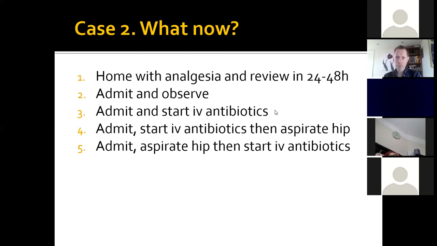I think admitting and observing might be difficult here because the child does have features, as you'll see in a second, that make the risk of septic arthritis relatively high now.